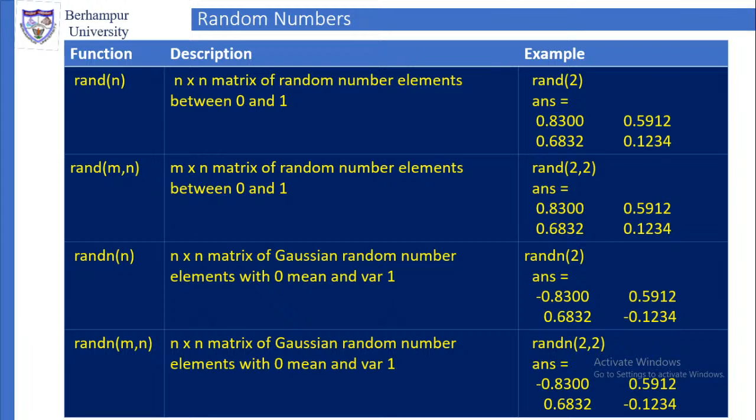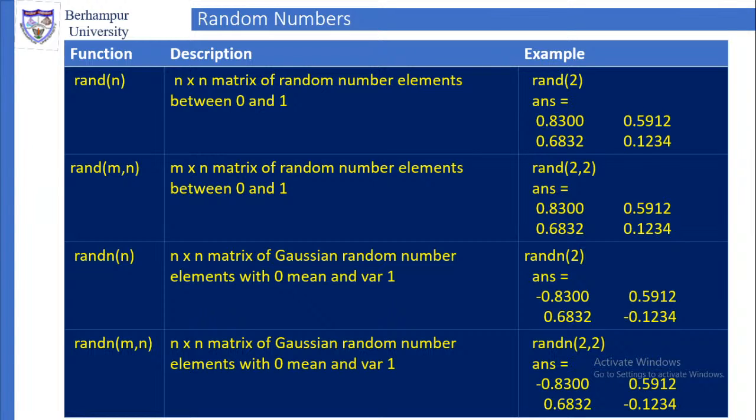The most common example is rand of n, which gives you an n cross n matrix of random number elements, and the random numbers are between 0 and 1. Suppose we take a 2 cross 2 matrix. So rand2 gives a 2 cross 2 matrix which has 4 random numbers.